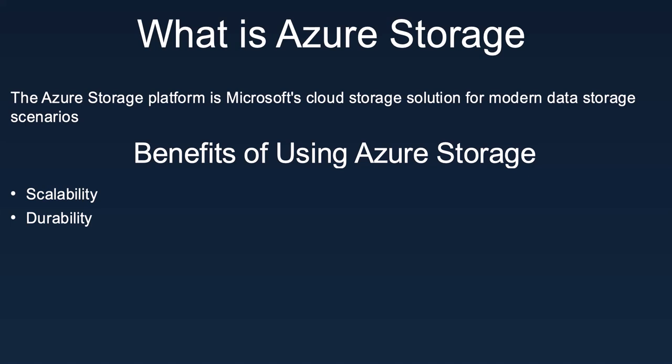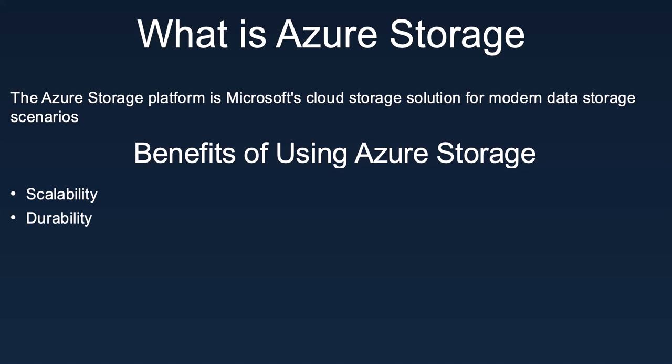So the next one is durability. So durability is Azure storage will not fail, right? It will not fail no matter what it takes. It will not fail because they have replicated copies of whatever you store in different availability zones.